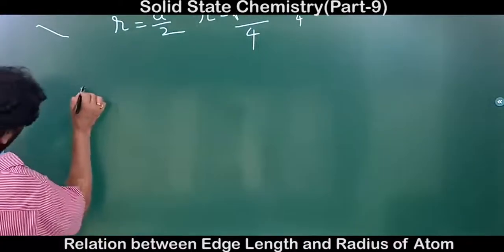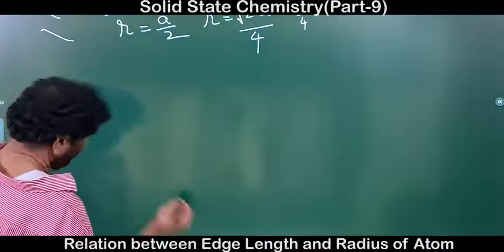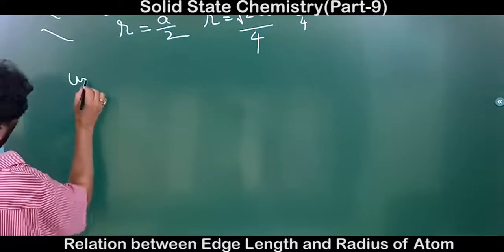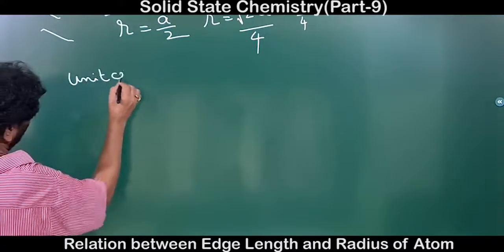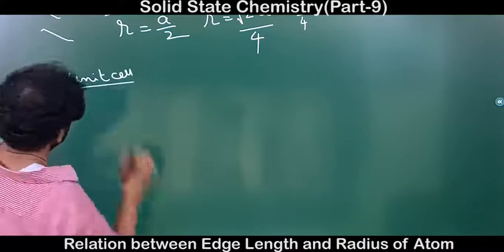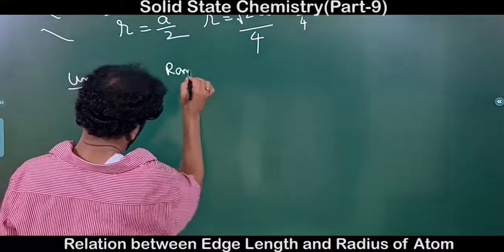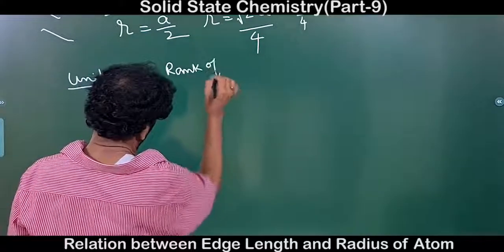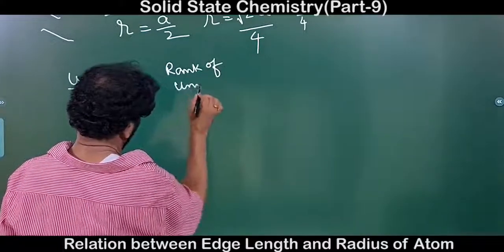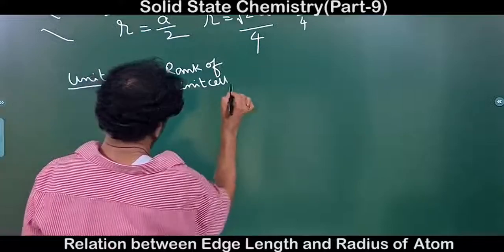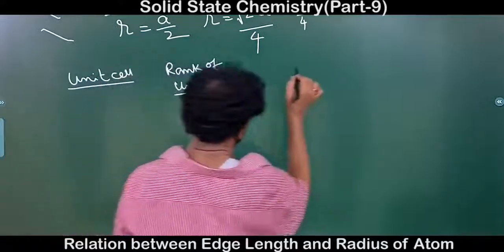That is the unit cell. What is the cubic unit cell? Let me put it here: the unit cell, and the rank of the unit cell. Second one.